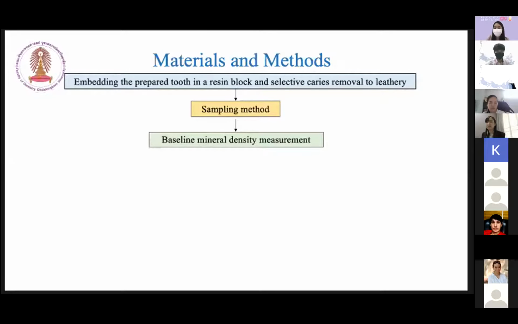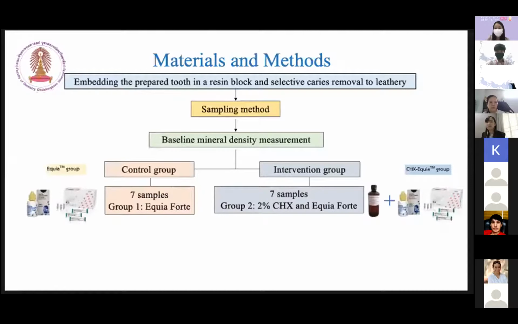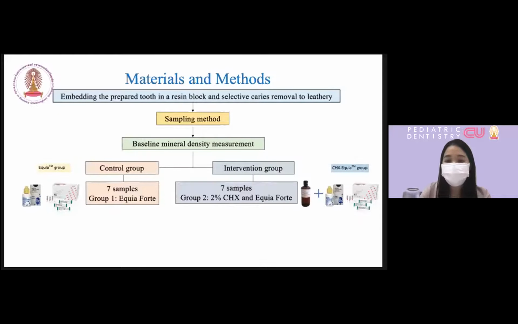After that, scan mean mineral density of dentin by micro-CT as baseline. The samples in Equiaforte group were treated with dentin conditioner 20 seconds before restore with Equiaforte and coat with petroleum jelly. The samples in chlorhexidine Equiaforte group were prepared the cavity with 2% chlorhexidine liquid for 1 minute by microbrush.